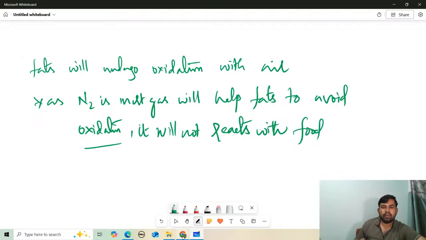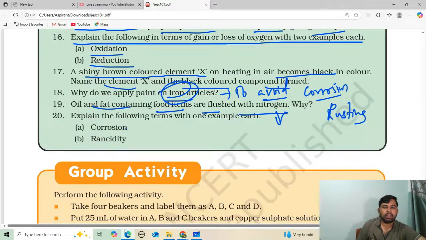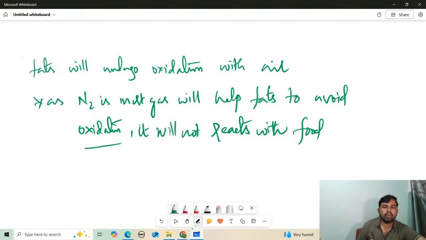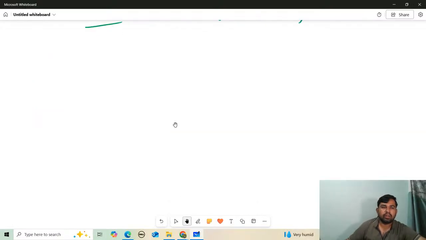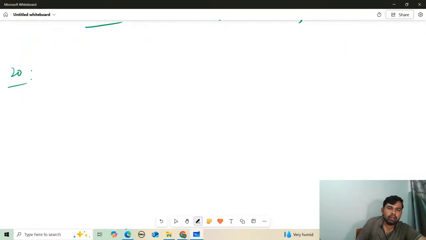Now see here, last question, I think. Question: explain the following terms with an example of each: corrosion and rancidity. So what do you mean by corrosion?